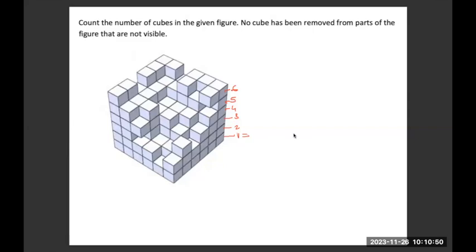That's the correct answer. Here, correct answer.